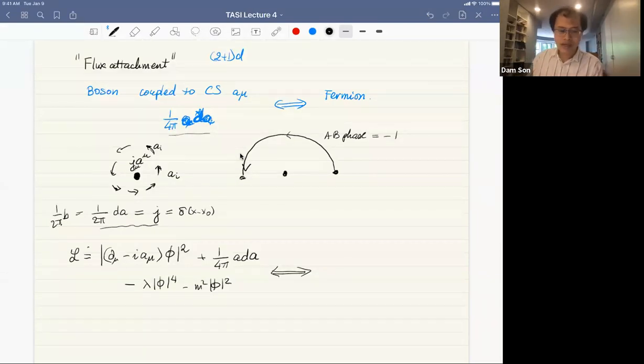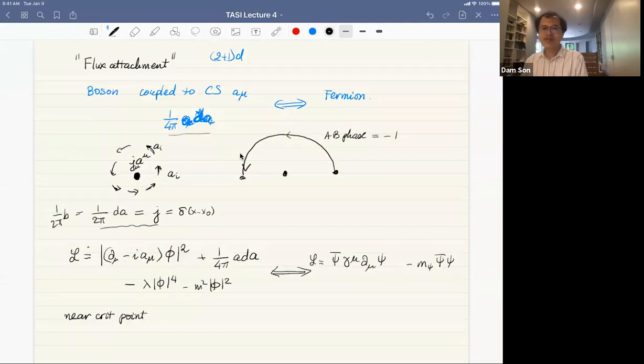This is the same as a theory of fermions with its own mass term. And the statement is that near the critical point, these two theories are equivalent. A scalar coupled to a gauge field is equivalent to a free fermion.